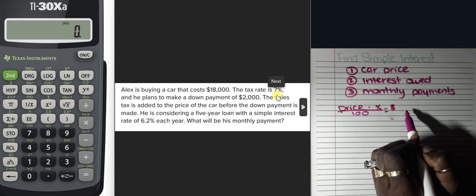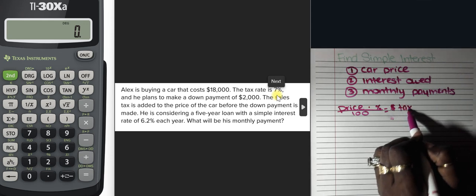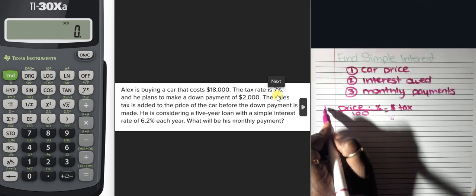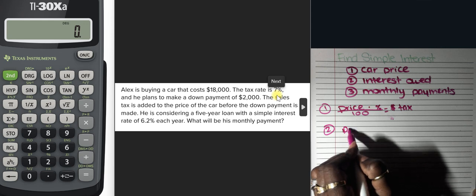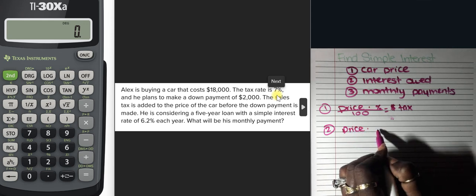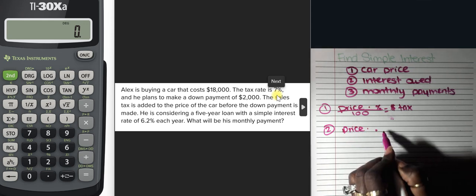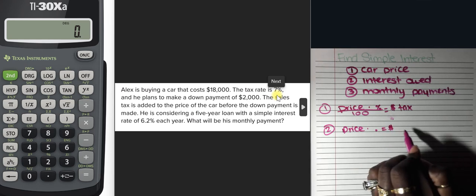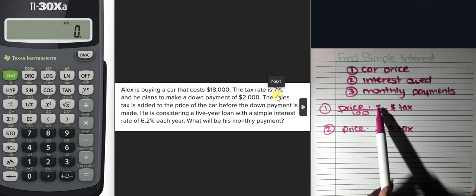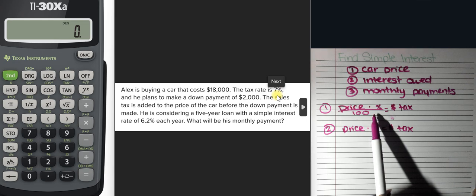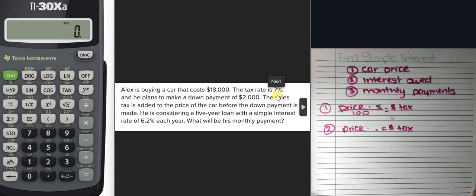In this case, it's going to be the dollar amount of the tax. Our second method is to convert our percent into its decimal equivalent and then multiply it by the price. Then you come out with the dollar amount for the tax. I am going to use method two. That's my preferred method, but if you want, you can still leave it as a percent. You'll just have to go that extra step by dividing it afterwards.